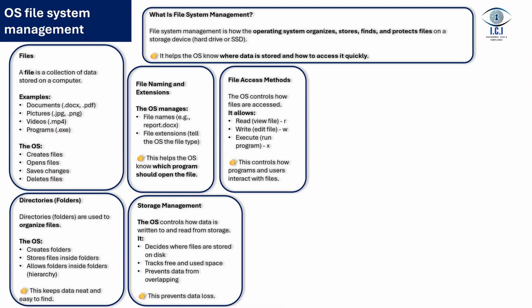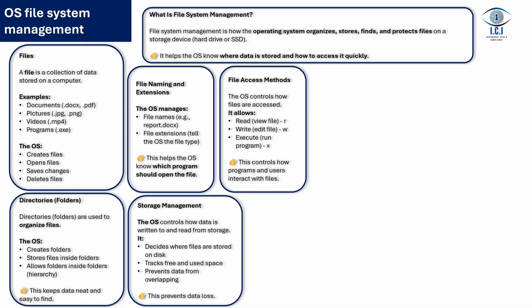So the next is the file access method. When we talk about the file access method, we're talking about read, write, execute. The OS helps to control how files are accessed. When we're dealing with maybe Linux files, when you see R, it means that the file can be read.